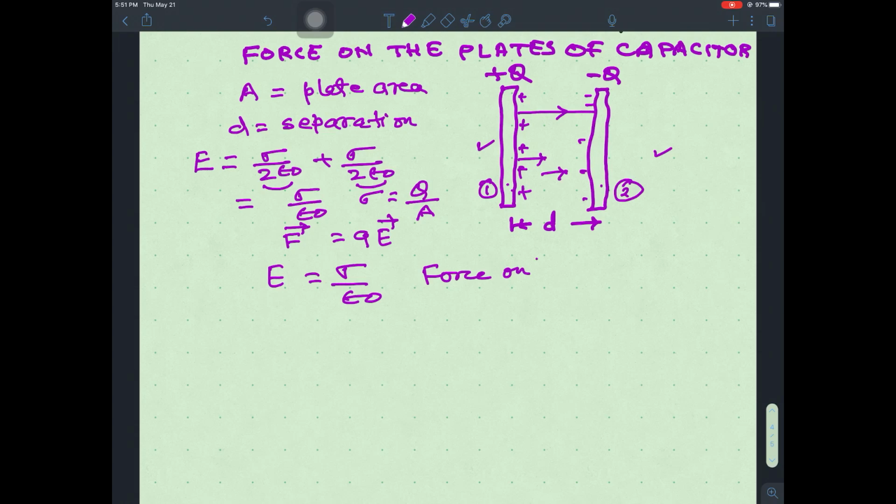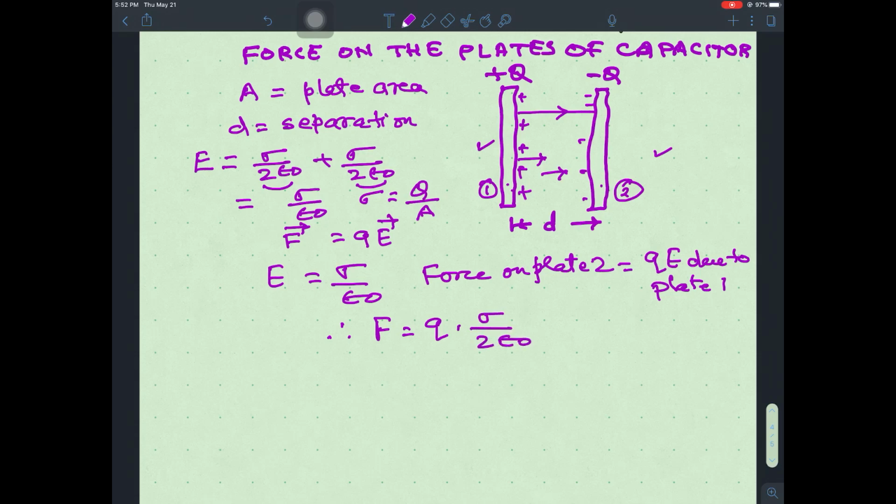On any plate the force will not act due to its own electric field. So what will be the force? F is equal to Q into the electric field sigma by 2 epsilon naught. Why 2 epsilon naught? Because for one plate this is the value of the electric field.